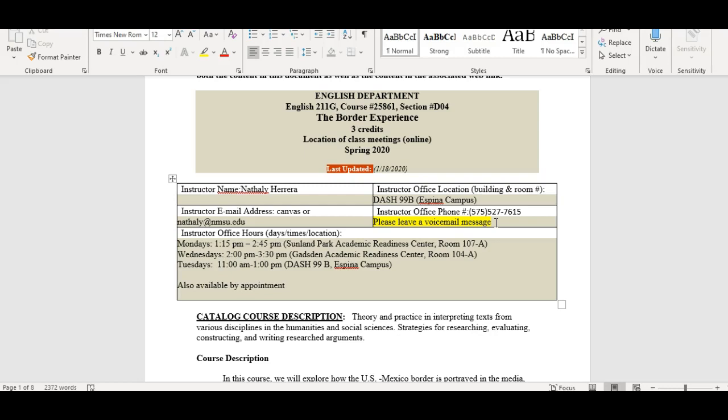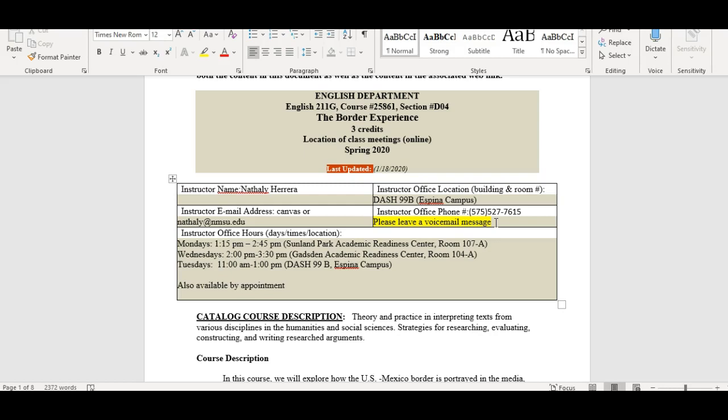So if you don't leave a voicemail, I have no clue who called or the reason. So if you do call, please make sure that you leave a voicemail. Like I said, I've had students who call me on Sundays and I call them back. So feel free to call whenever you have a question. Like I said, the software emails me the voicemail and then I can call you back.